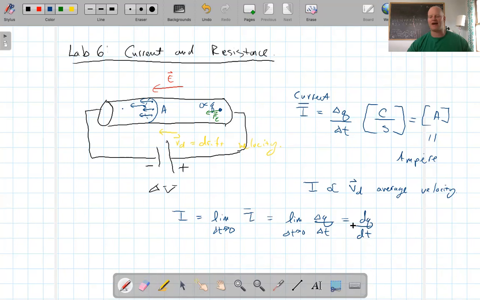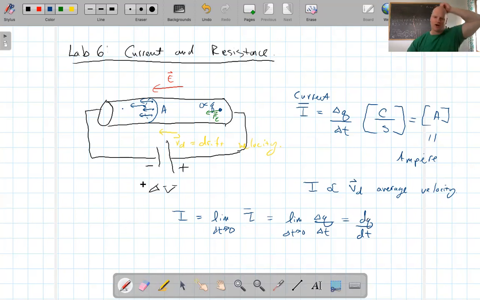So if I had a non-constant current that is constantly changing, this tells me that the instantaneous current, just like the instantaneous velocity is the rate of change of the position with respect to time, is the rate of change of the charge with respect to time, if I could actually speak. So good.